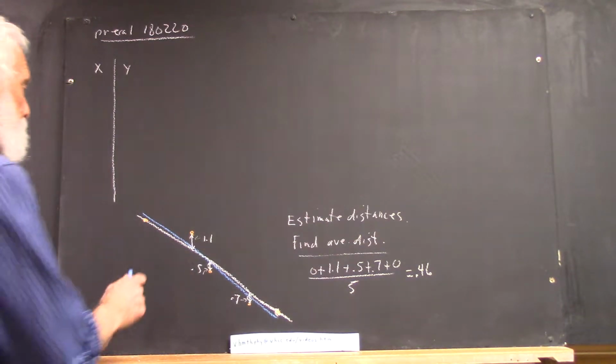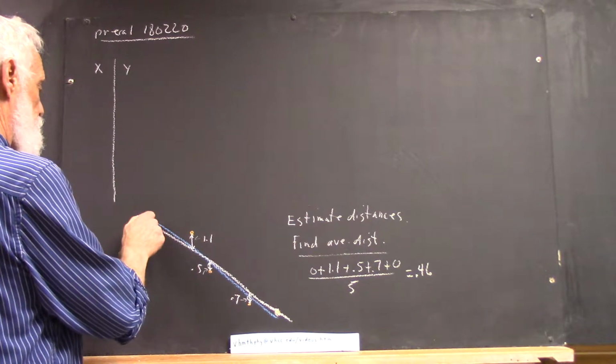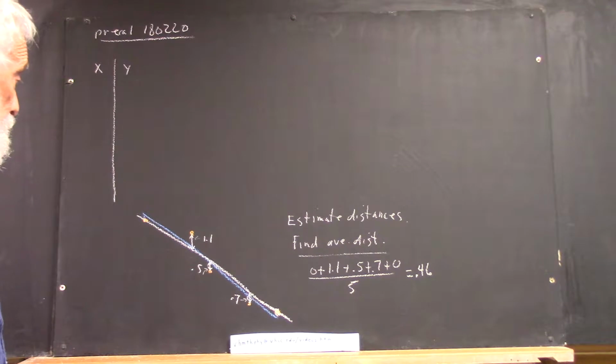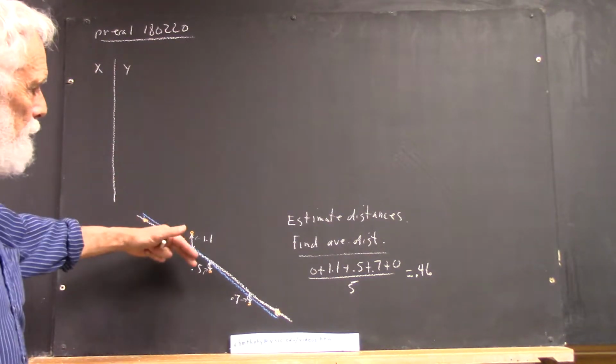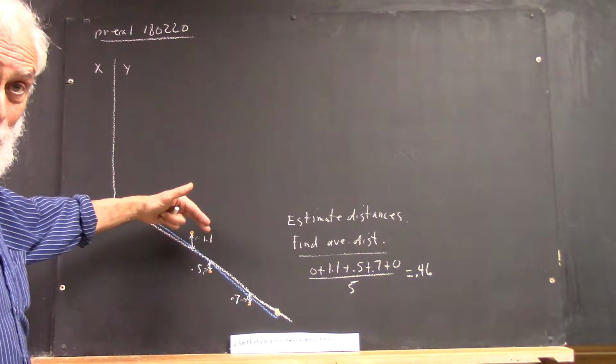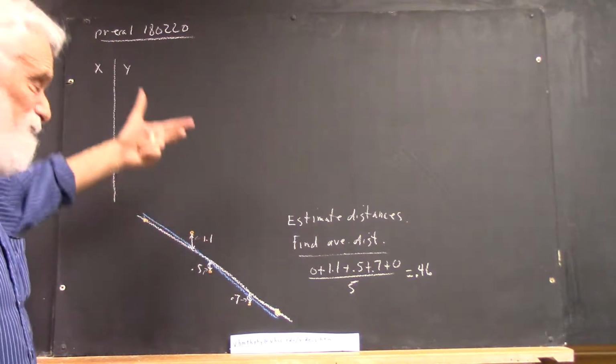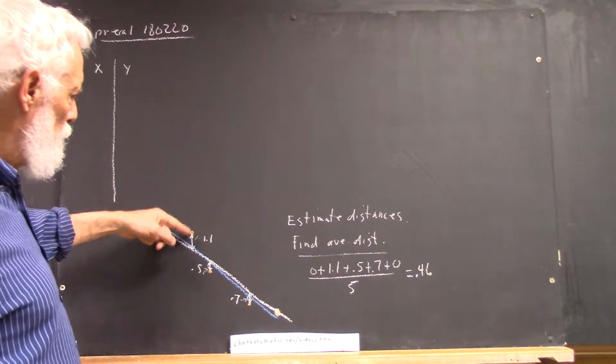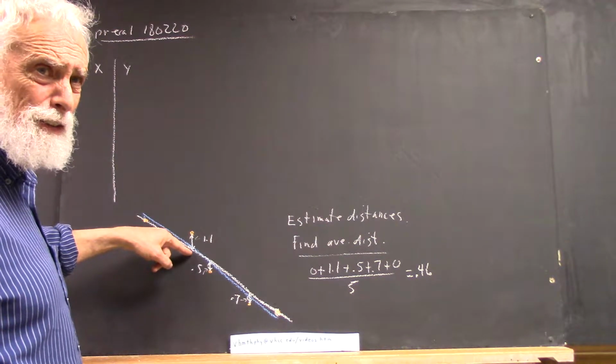So you say the 1.1 should be a little bit closer to the line than it is? Yeah, maybe I should then raise it up just a little bit, right? But because I tilted it this way to get closer to 1.1, it isn't all that much closer now, is it?